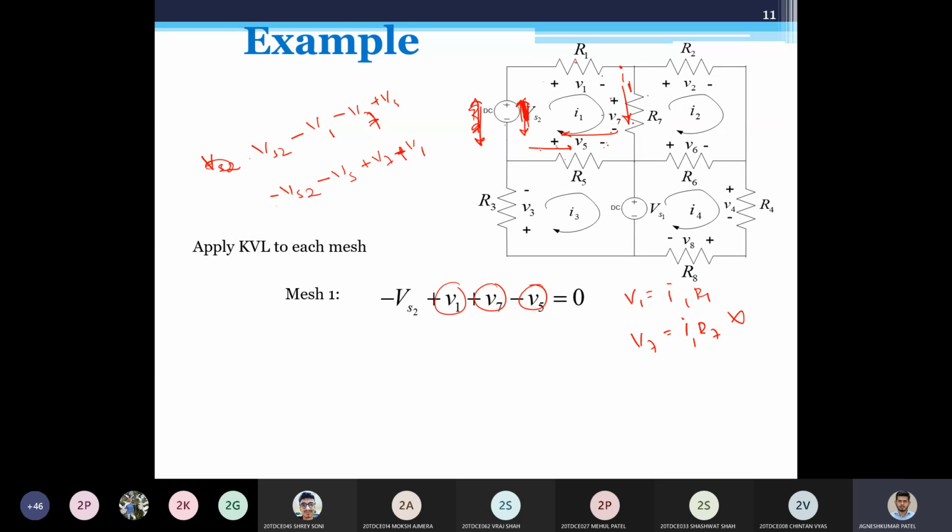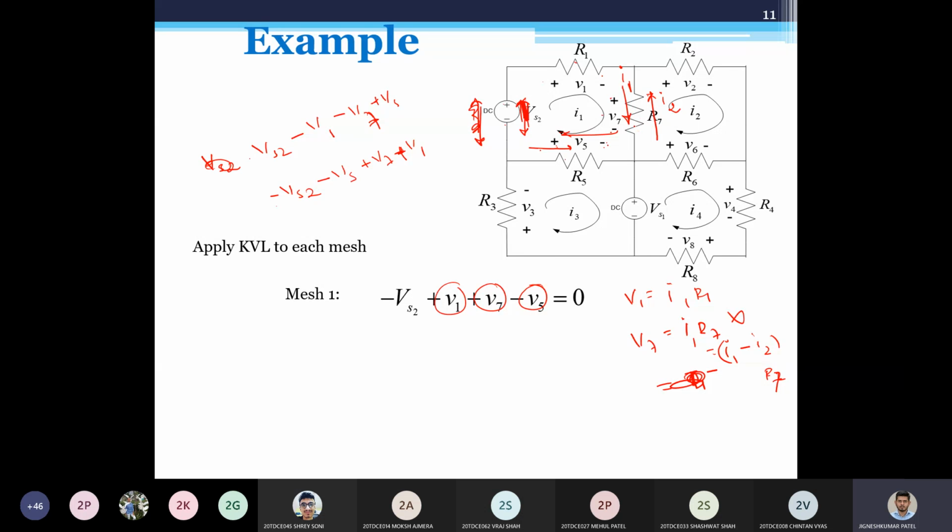So here there is a current I1 going in this direction, current I2 in this direction. So actually my voltage V7 is I1 minus I2, because current I2 is going in the opposite direction, into R7. Sorry, R7, not R2. So this is element R7.